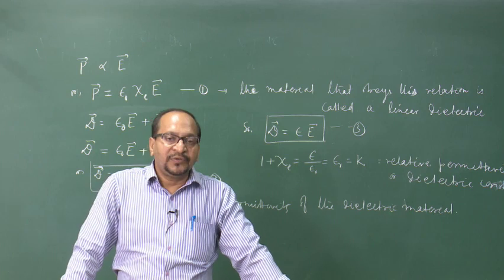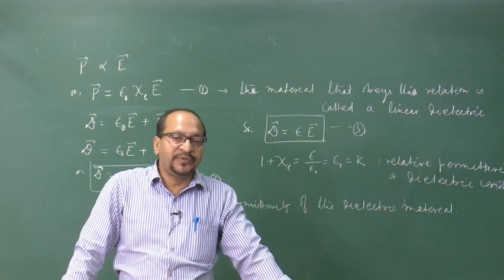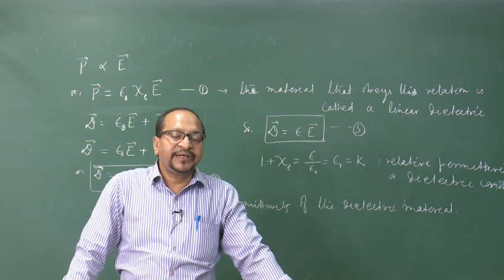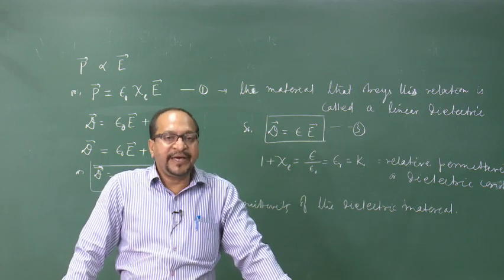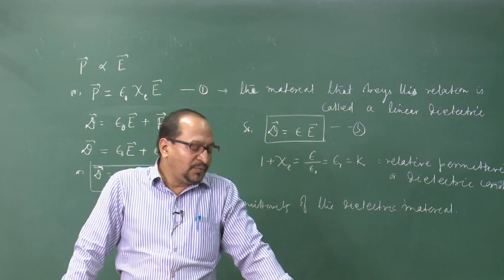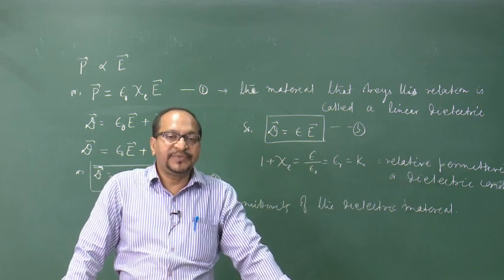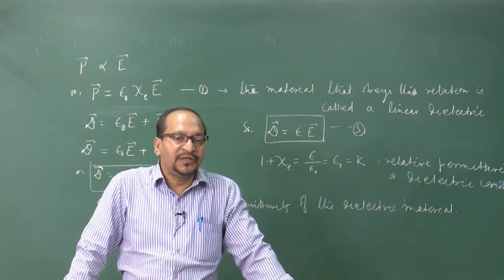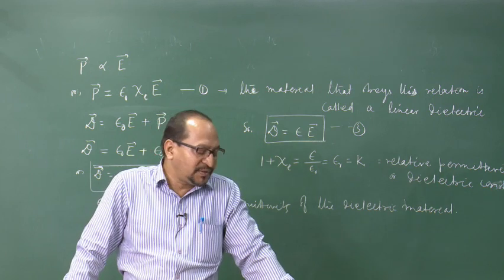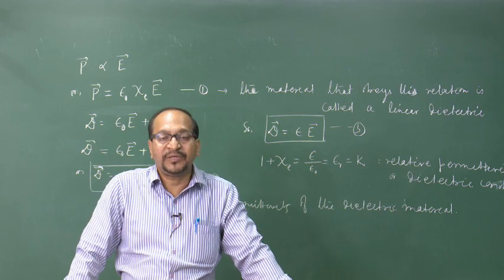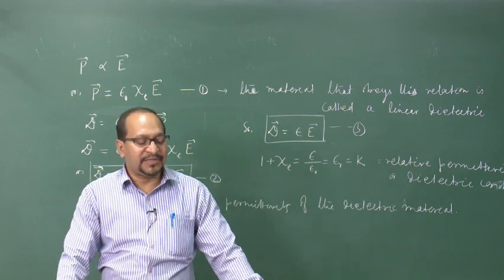In those cases we have discussed, we have taken only the air gap between the plates. Now, we will see if that air gap is replaced by a dielectric material, or some dielectric material of some thickness is introduced between the plates of the capacitor, what will happen to the capacitance of the capacitor.